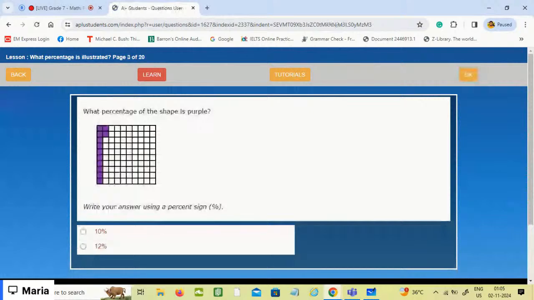What percentage of the shape is purple? So which is the correct option? The correct option is 12%. Option number 2 is the correct option.